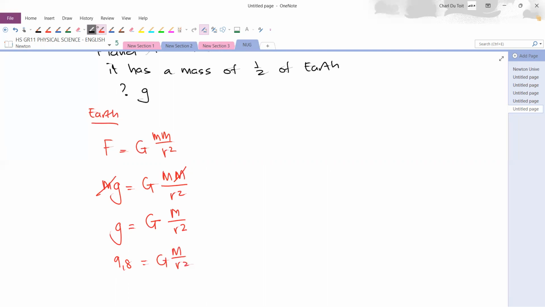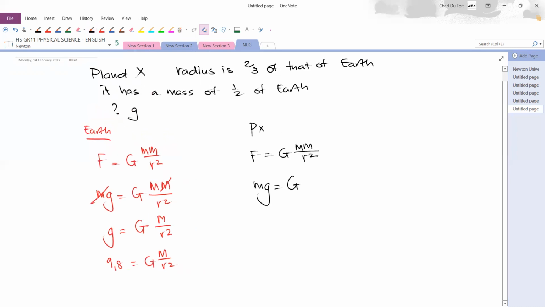So now I'm going to go to this planet X. And I'm going to say this formula is exactly the same for that planet. It's universal. And F is also mg. So the mass of that planet is a fraction of M, the mass of the Earth. The object falling to that planet is irrelevant because I'm going to cancel it.